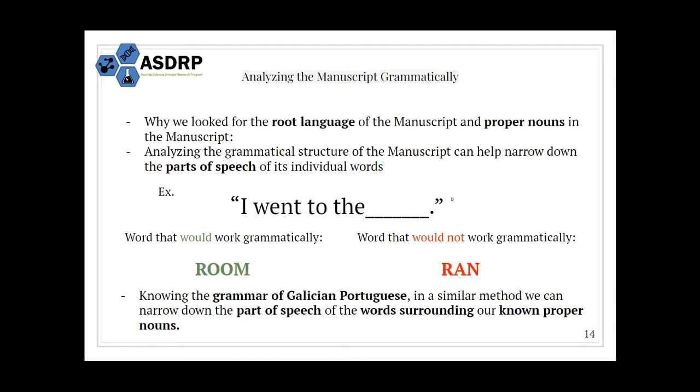We can also apply this to Voynichese, but instead of English's grammar, we would be using Galician Portuguese's grammar. And instead of the hint of I went to the, we would be using the hints of our known proper nouns. We would see, according to the grammar of Galician Portuguese, what parts of speech can follow proper nouns, which will help narrow down the surrounding words of our proper nouns.